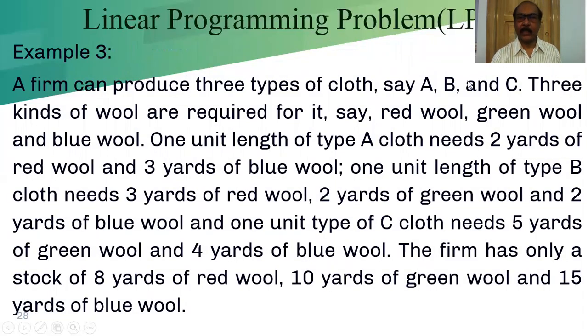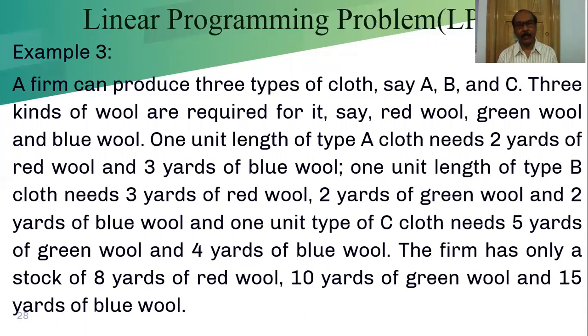Now I am considering another example, Example 3. A farm can produce 3 types of cloths, say A, B and C. That is the types of cloth. 3 kinds of wool are required for it.